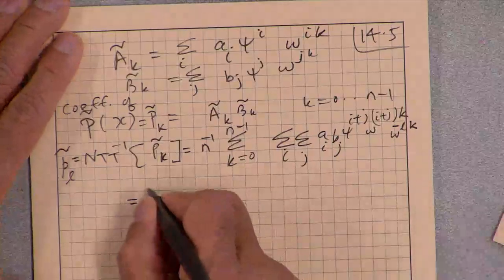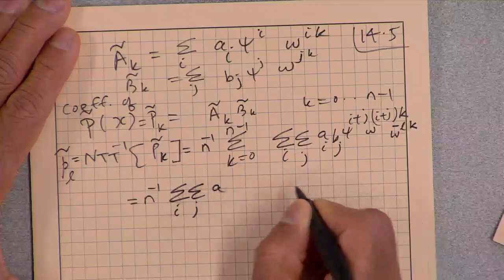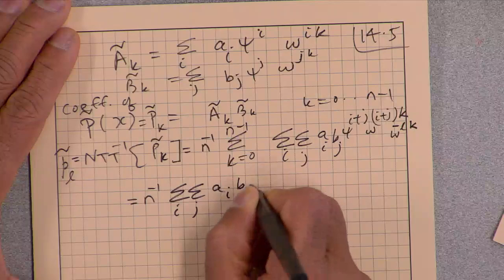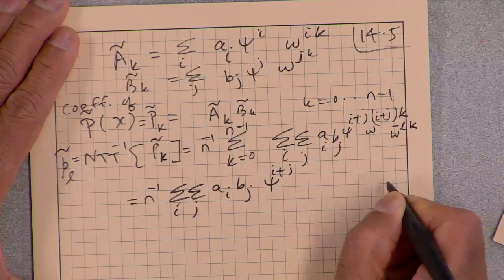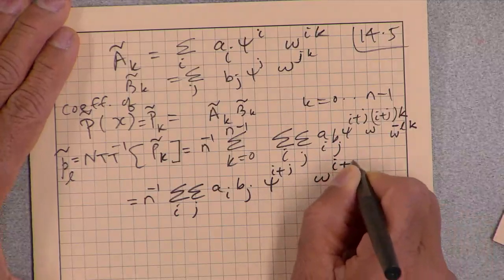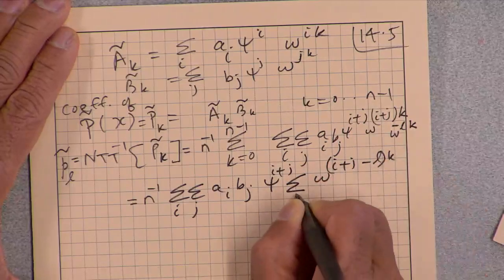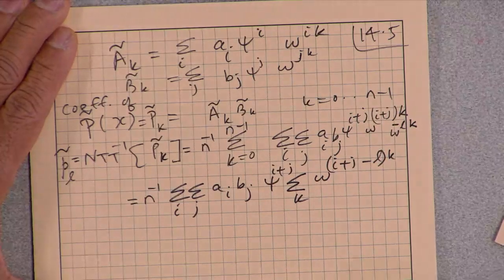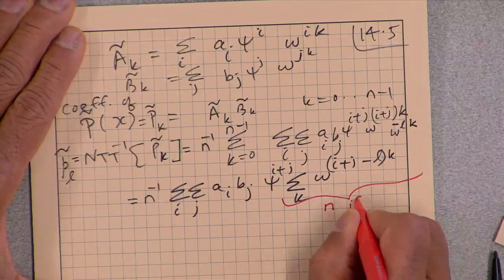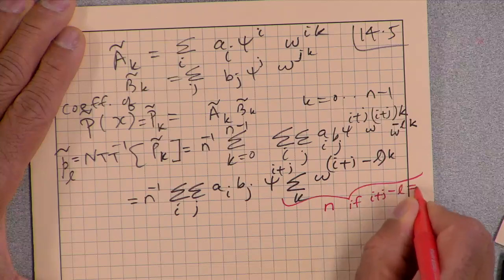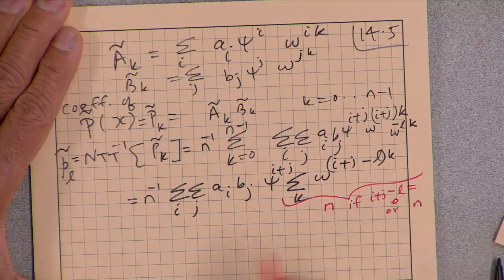So n inverse, summed over i, summed over j, a_i b_j psi to the power i plus j, omega to the power i plus j minus L, by the way, times k, summed over all k, and that quantity is equal to n if i plus j minus L is equal to 0, or n.